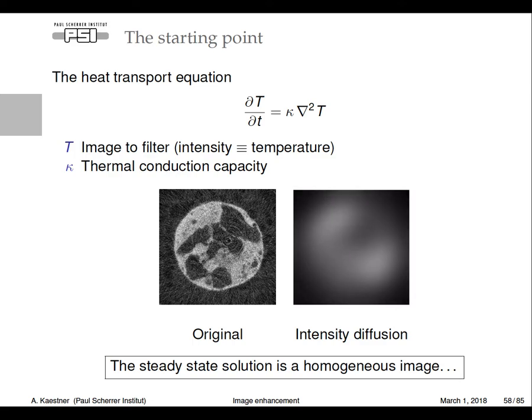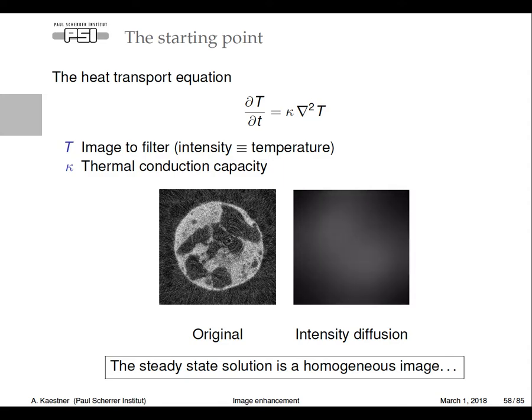But when you apply this equation to this image, you can see here the effect of it. After a few iterations, it turns into nothing. So it will homogenize into a constant level, which is the nature of temperature transport or heat transport.